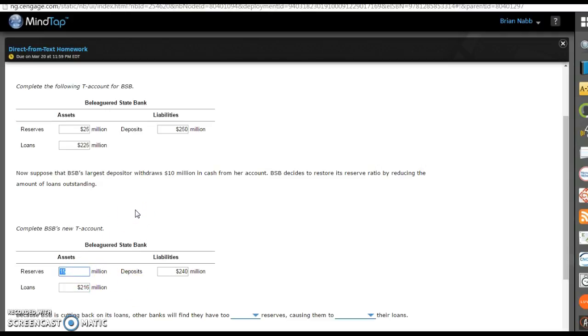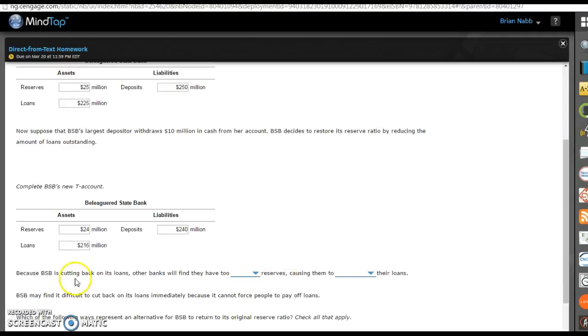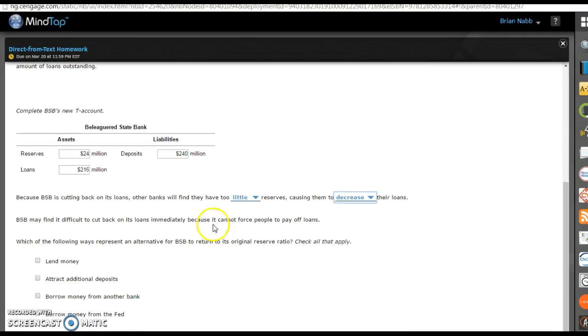You don't have to subtract 10 million, you just need to restore the reserve ratio in 24. All right, because Beleaguered State Bank is cutting back on its loans, other banks will find they have too little reserves, causing them to decrease their loans. They may find it difficult to cut back on loans immediately because they cannot force people to pay off their loans. This is what we call a credit crunch.